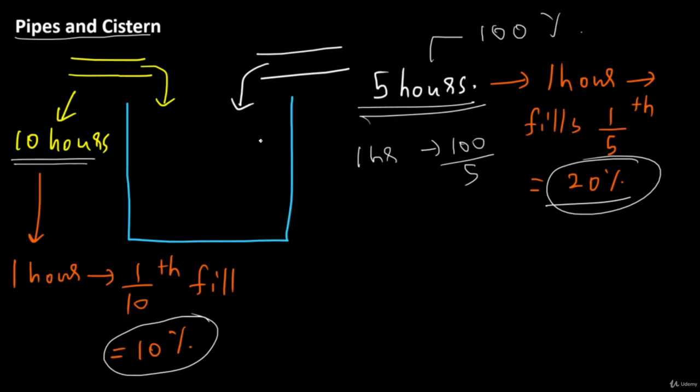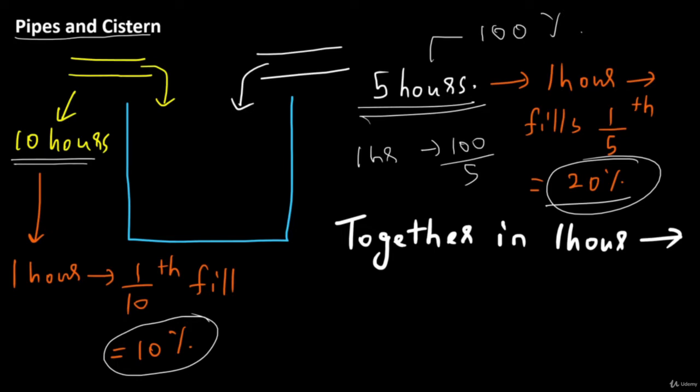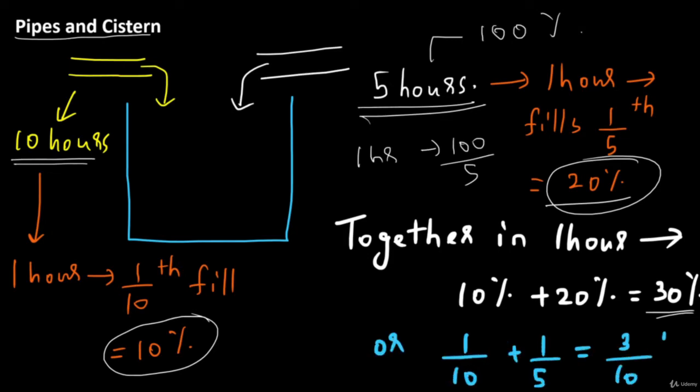Alright, now let's think of how much percentage of the tank will be filled if both the pipes are opened for 1 hour. So together in 1 hour, they can fill 10% plus 20%, which is equal to 30% of the tank. Now we can also do this using fractions. That would be 1/10 plus 1/5, which is equal to 3/10th of the tank.